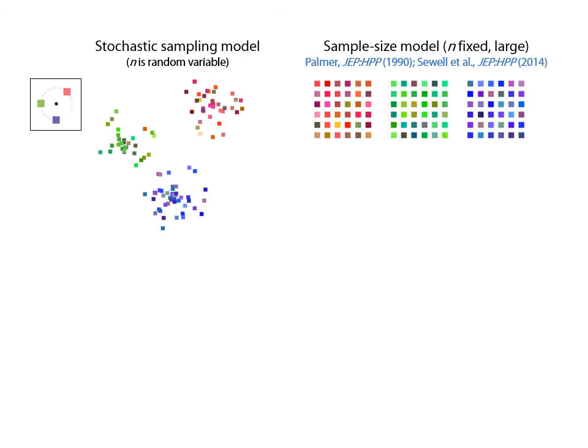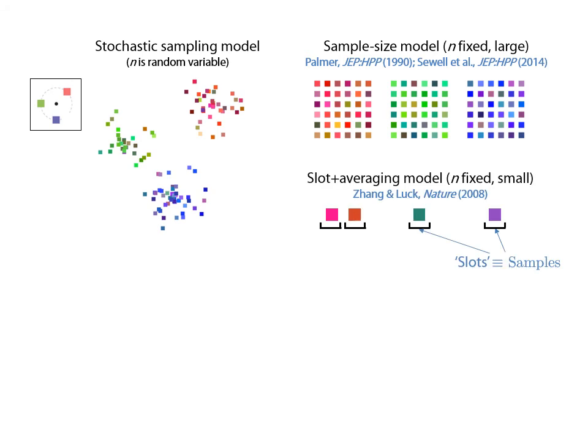While the number of samples in the sample size model has typically been described as finite, in reality the consequences of this discreteness have been ignored on the implicit assumption that the number of samples is very large. However, if we consider taking the number of samples down to just 3 or 4, with that number still remaining fixed, what we end up with is precisely the slots-plus-averaging model, to date the only fully specified model in the discrete class of working memory models.